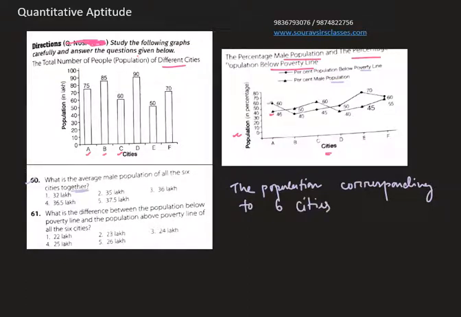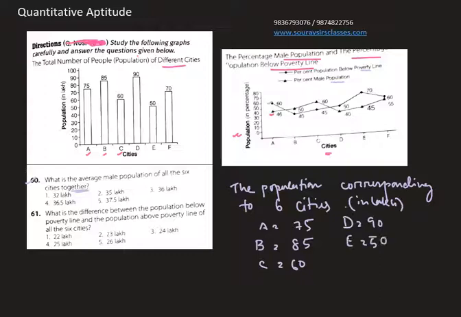For A it is 75 in lakh, for B it is 85, for C it is 60, for D it is 90, for E it is 50, and lastly for F it is 70.